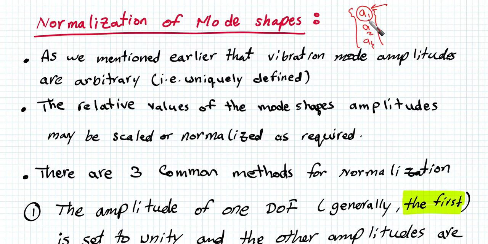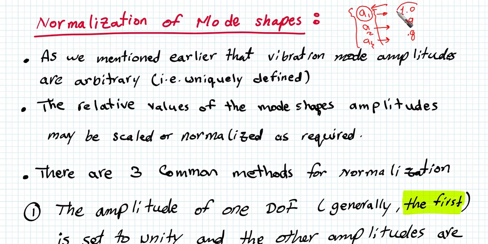For example, A1 is the first degree of freedom amplitude. We would like to see it as 1, and we want the other degrees of freedom amplitudes to be ratios of this one, so it is 0.9, 0.8, for example.